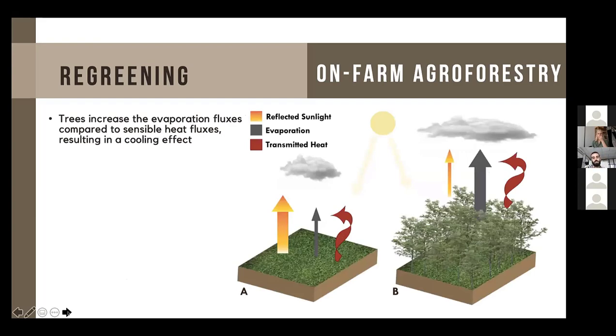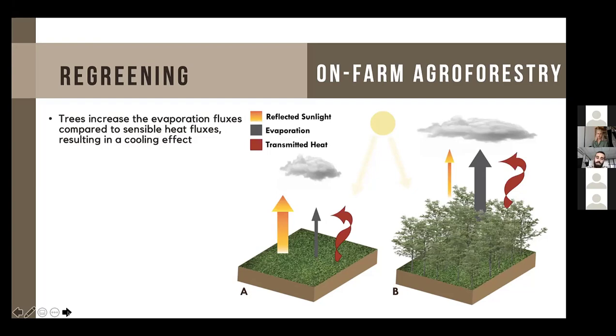So the effect of trees on the microclimate is indicated here. It shows that trees increase the evaporation fluxes compared to the sensible heat fluxes, resulting in an overall cooling effect. Trees also affect the solar radiation on a site, and when a dense canopy forms an active surface above the crop zone, this intercepts much of the solar radiation, so you're getting less of that harsh direct solar radiation onto your crop.